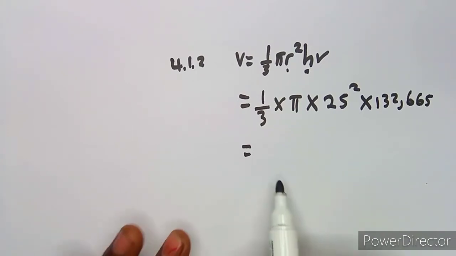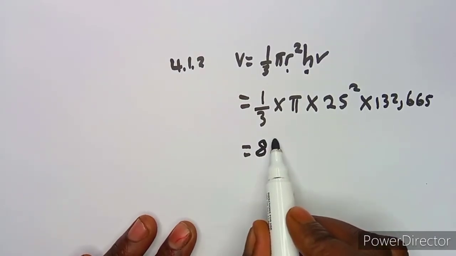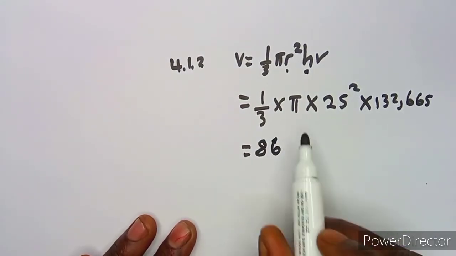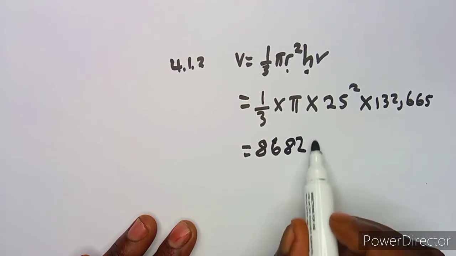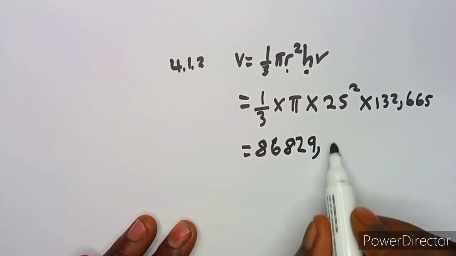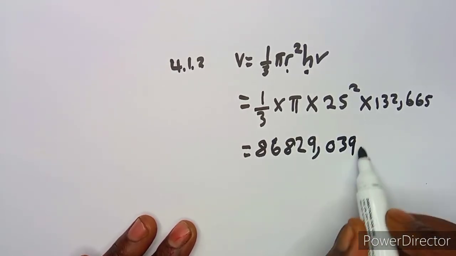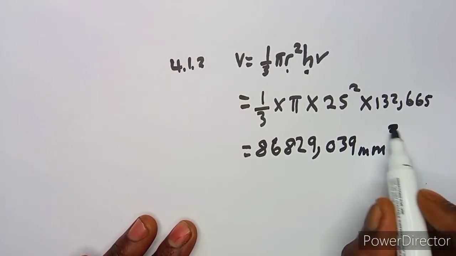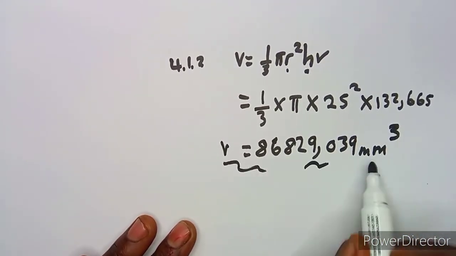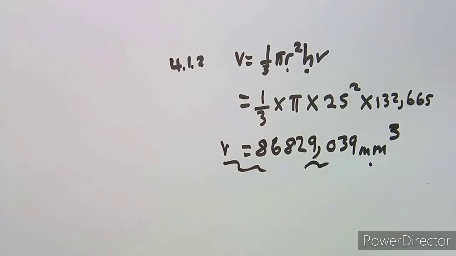This is going to give us this decimal, 8,689,039. That's what you're going to have, and this will be in cubic millimeters. This is volume, and volume will be in cubic millimeters.